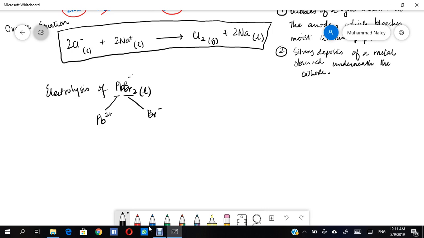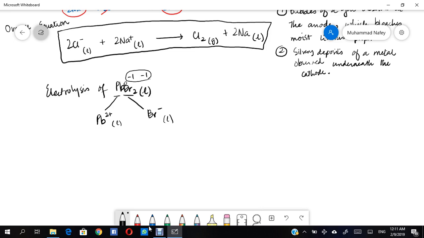Therefore, there is one negative charge from the first bromide ion and another negative charge from the second bromide ion. In order to balance these two negative charges, the lead ion should have a charge of 2 plus. And since it's liquid, both these ions are in the liquid state as well.